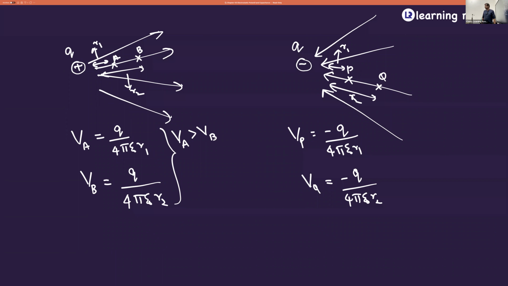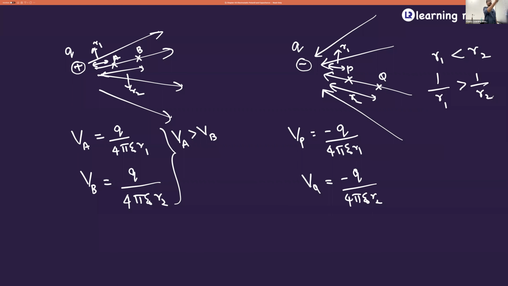What about this? It is minus Q divided by 4 pi epsilon naught R1, right? So Q divided by 4 pi epsilon naught, if I take it out, minus 1 by R1. See, observe, R1 is less than R2. Am I right? 1 by R1 is greater than 1 by R2. We know that when you take the reciprocal, the inequality changes.